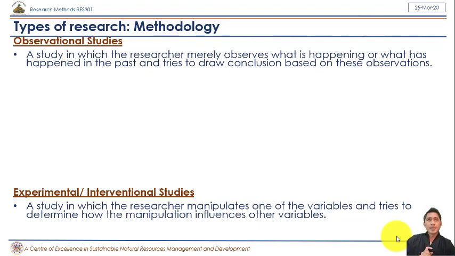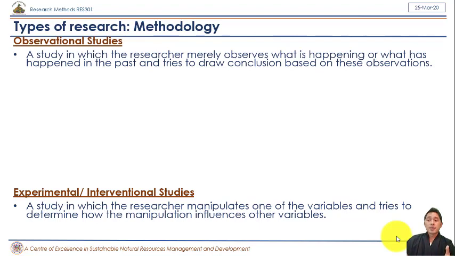For example, let's just give the simplest example. We are observing a citrus field, an orange field, and we see that the citrus is affected by some disease. And that disease, if you just leave it up to observational studies, nothing else is going to happen.